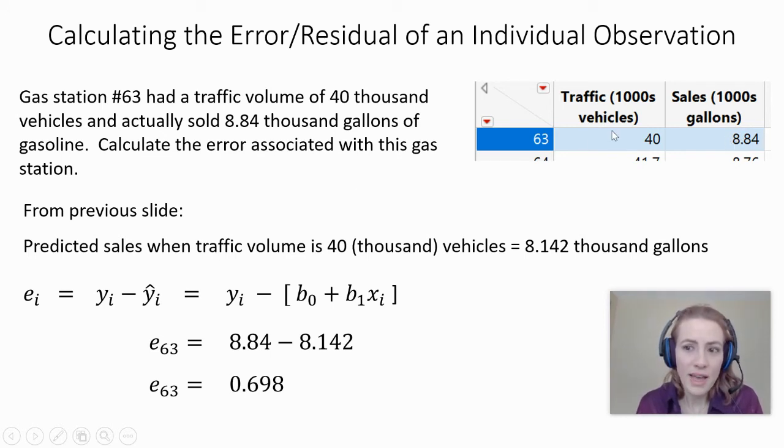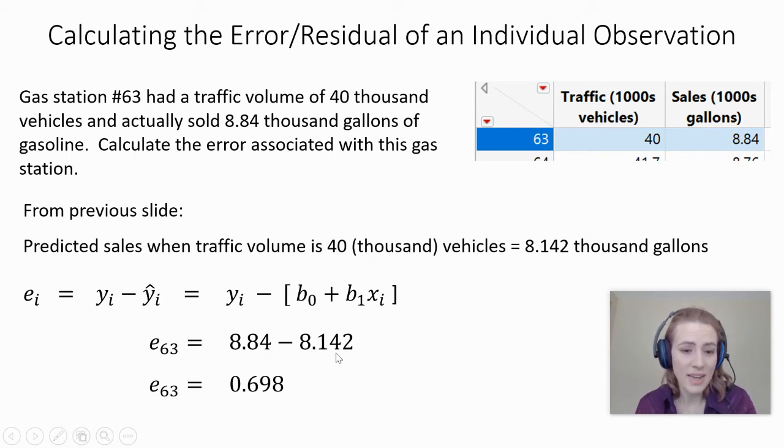So if we have the actual X and the actual Y, and we have the equation for the regression line, we can calculate the error associated with this measurement. So the formula for error, remember, generally speaking, is actual minus predicted. So the actual was that, according to the data table, this station actually sold 8.84 thousand. So that goes first.